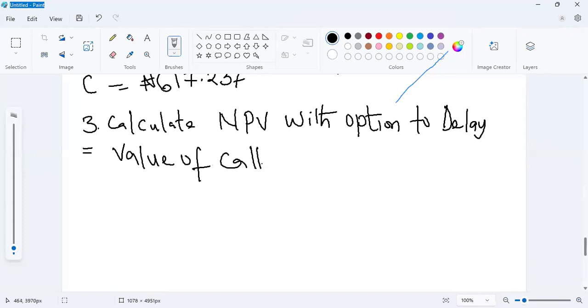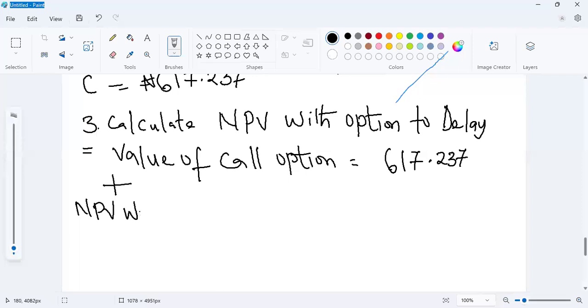The value of call option gave us 617.237, plus NPV without option to delay. This will give us negative 250.